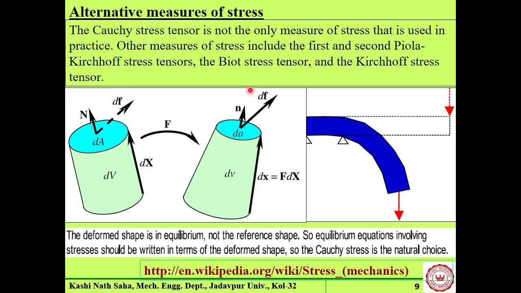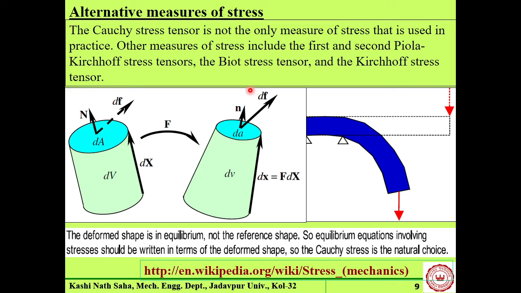in our analysis, we carry out some mathematical analysis based on the equation of equilibrium, in whatever way we express it. But that equation of equilibrium is valid corresponding to which geometry or which phase of the material deformation.